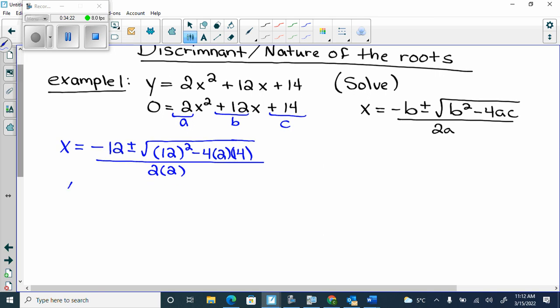So then I'm going to get x equals negative 12 plus or minus the square root of. I told you, type into your calculator exactly like this without the root. So you go 12 squared minus 4 times 2 times 14, and you get 32. Right, Ted? That's what you said? Yeah. 32. And then it's over 4.